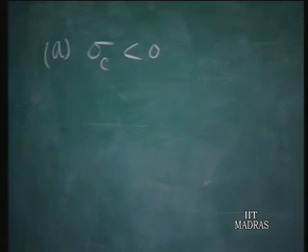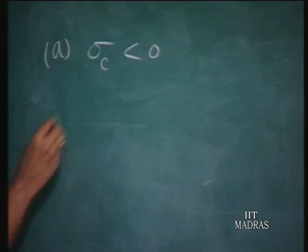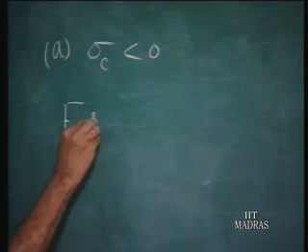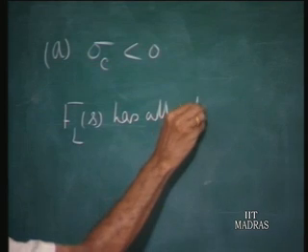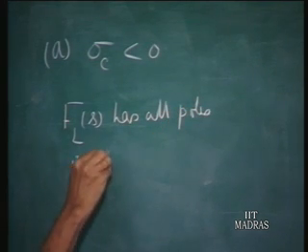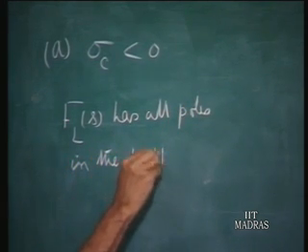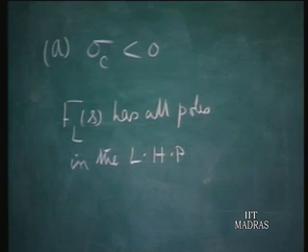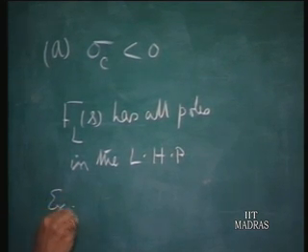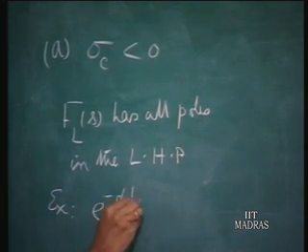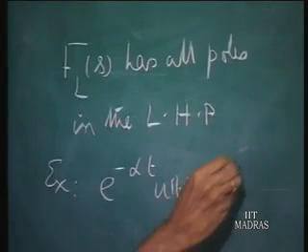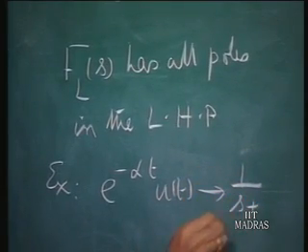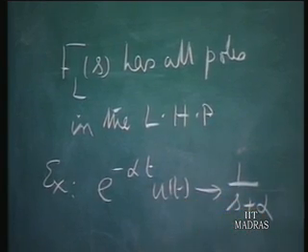So the first case corresponds to a situation where the abscissa of convergence is less than 0, which means that F_L(s) has all poles in the left half plane. Examples: A, e power minus alpha t u(t) has Laplace transform 1 over s plus alpha.